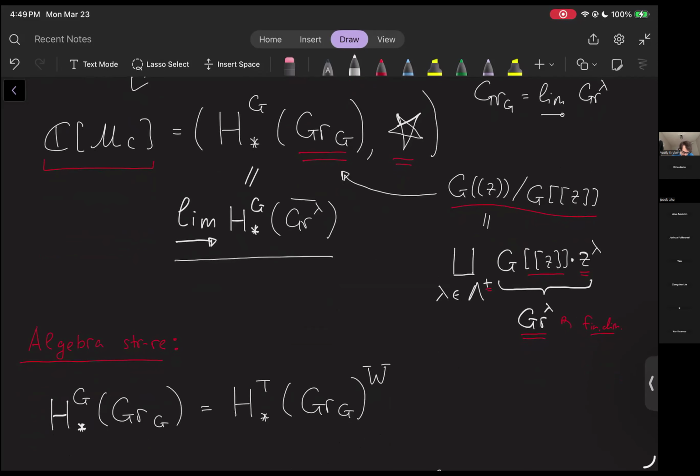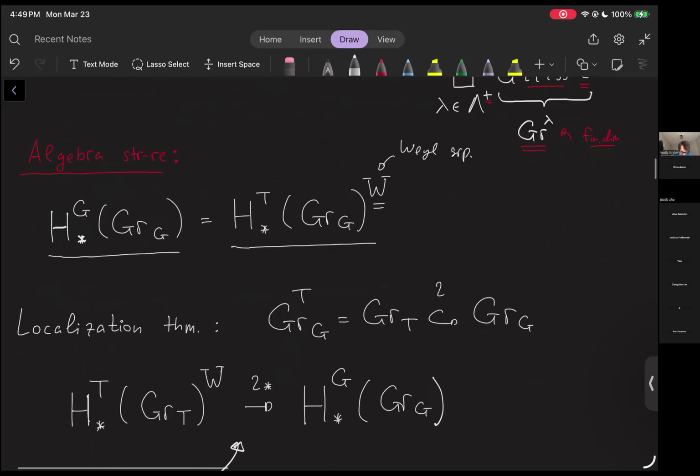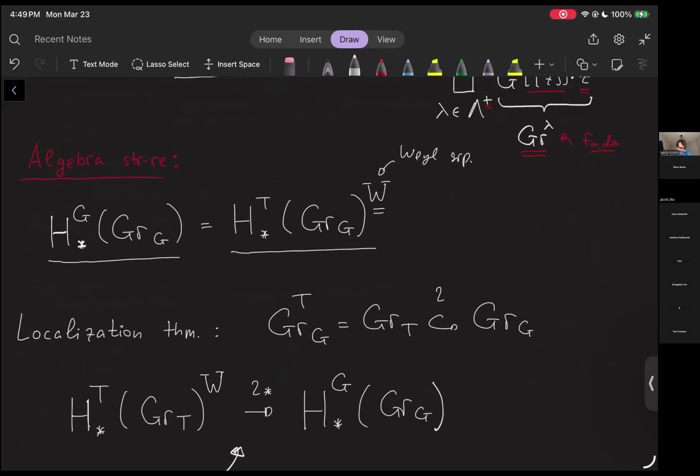So definitely the G equivariant homology of the affine Grassmannian of G can be identified with T equivariant homology, and then you take W invariants, where W is the Weyl group for G. And then we have a localization theorem that allows us to do the following.